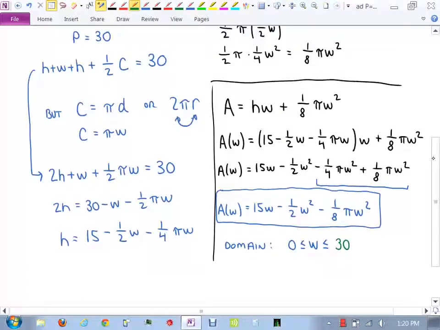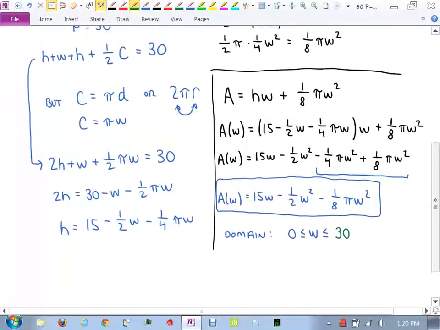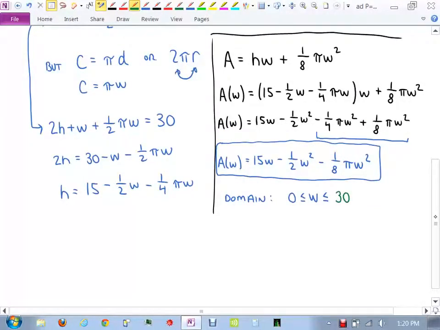So what we have is a continuous function on a closed interval. So what are we going to do? Derivative? Okay, derivative. A prime.